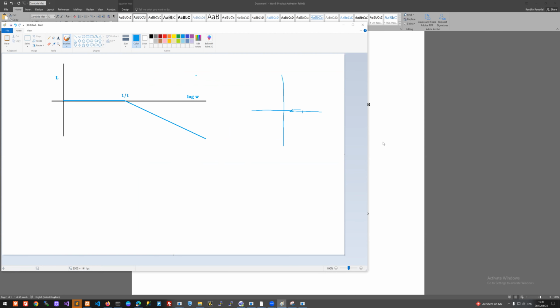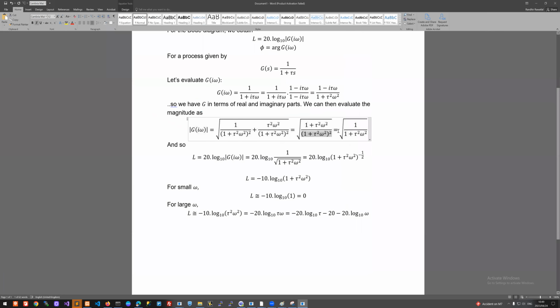Then as omega increases, we do have the imaginary part. Where is the imaginary part here? This is increasing with omega. It is also decreasing on balance. But if you take the ratio, you could say that the imaginary part is outpacing the real part.